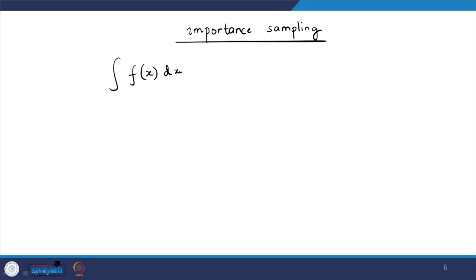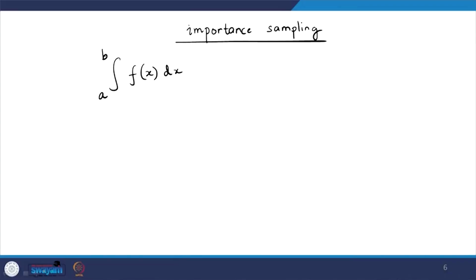So, right now what we have been trying to do is we were simply sampling the regime between A to B, right. So, I randomly generate points in A to B, and using that I am calculating the integral, right. I am not really doing the complete math of it, but that is the idea that we are following in the Monte Carlo simulation.